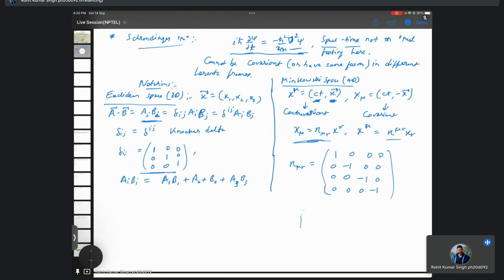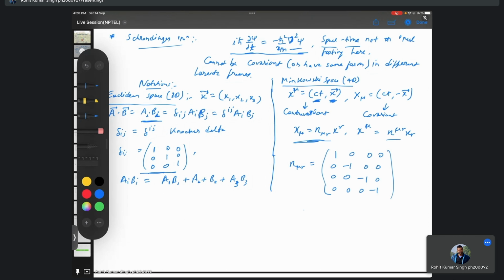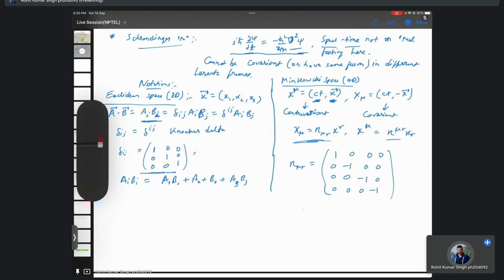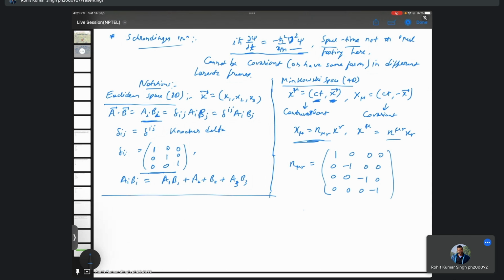So what happens now is, if you try to find a dot product of two vectors, like a dot b, where these are four vectors a mu and b mu, as we mentioned, the repeated indices are summed over.